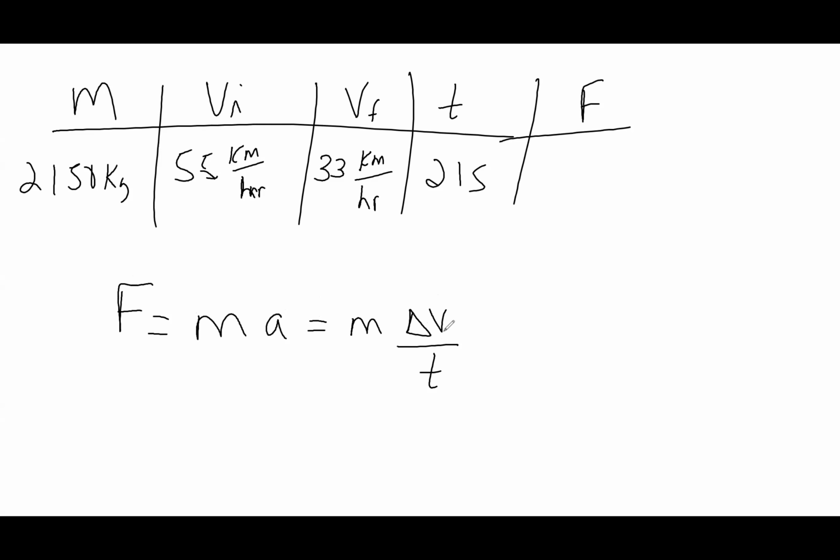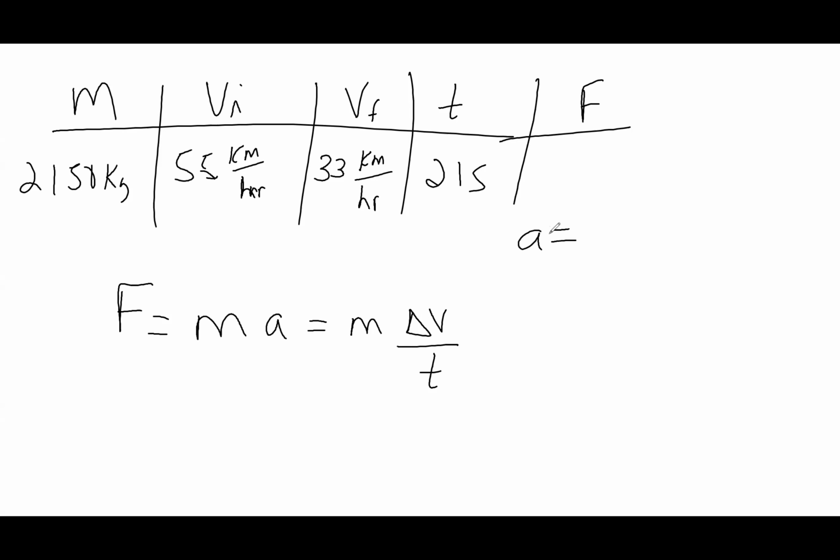But we aren't able to just put these numbers in now, simply because these numbers are not in SI units. That's what I pointed out in the previous problem. We cannot just put numbers in unless they are in the SI unit. So the first thing we've got to do is find acceleration in the SI units.